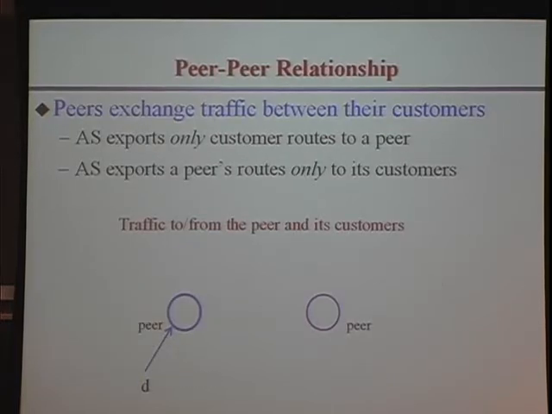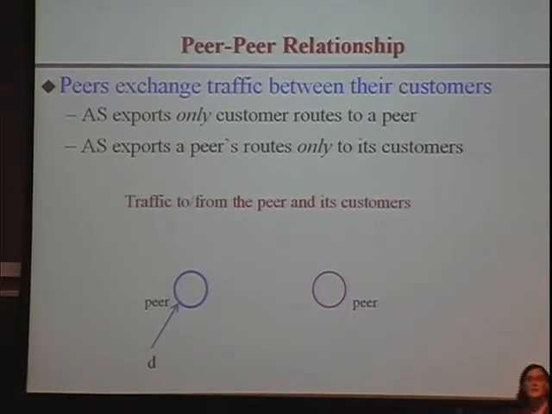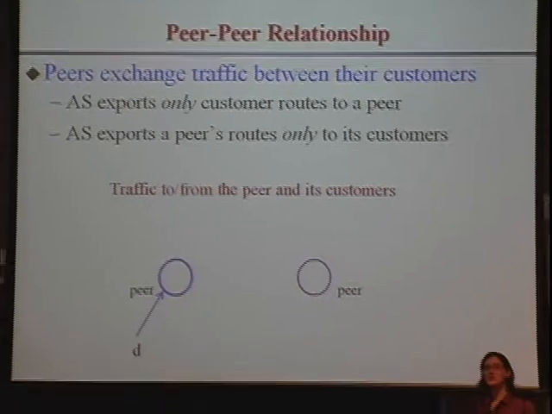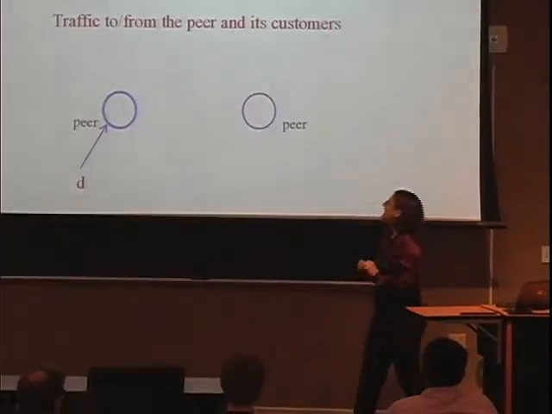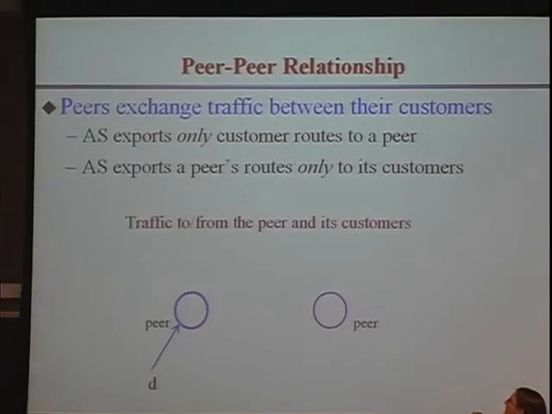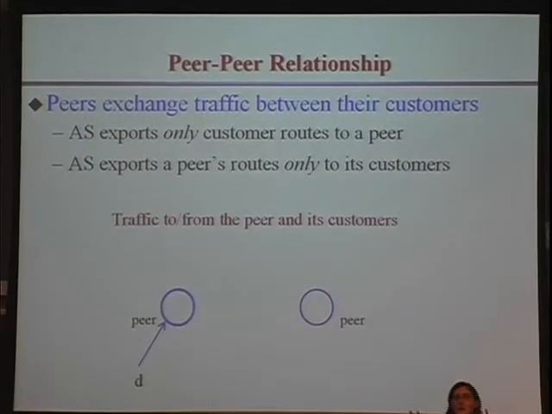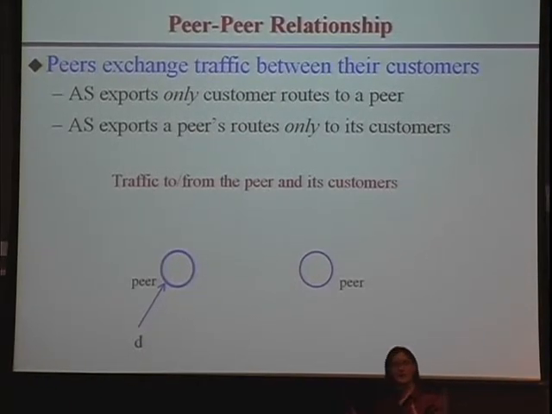The second relationship is a peer-peer relationship. It's a kind of relationship AT&T and Sprint have, which is they connect to each other free of charge because each of them get mutual benefit from doing so. And the mutual benefit they get is that each of them can now reach each other's customers. So this kind of relationship exists between all the so-called Tier 1 ISPs. They don't have providers of their own, so they have no way to reach each other's customers if they don't connect directly.